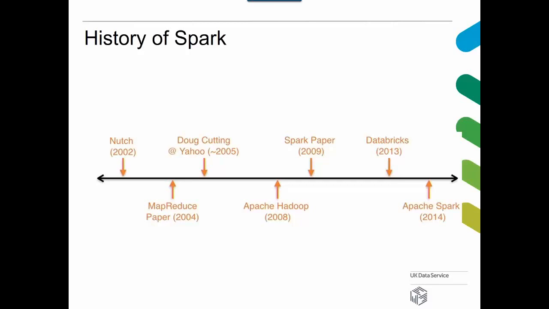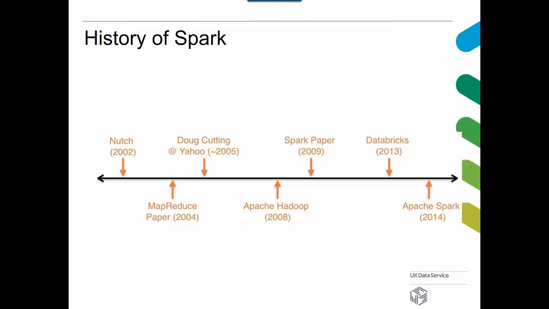From that project, Doug Cutting, who was at Yahoo at the time, produced papers on the process called MapReduce, which is this idea of breaking down the processing across a variety of machines and making them all work together. And MapReduce was really the basis of Apache Hadoop in 2008. That was the main way of processing any kind of data.